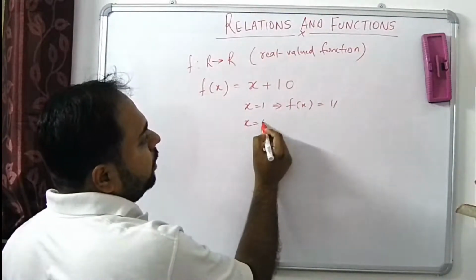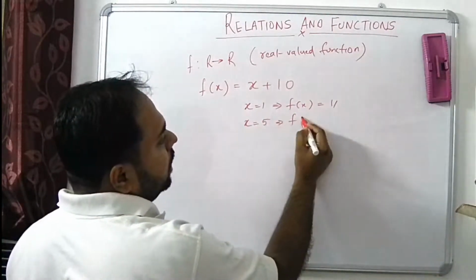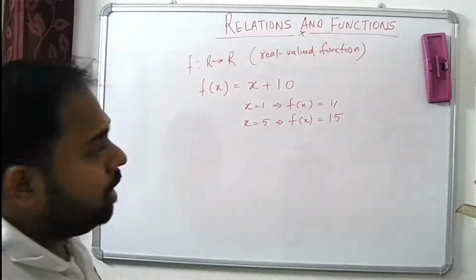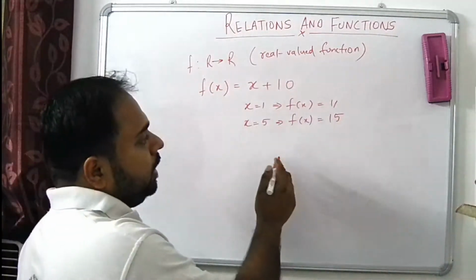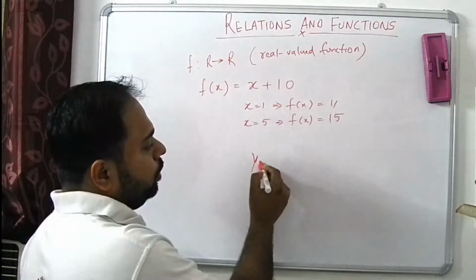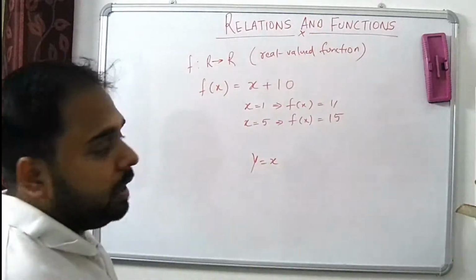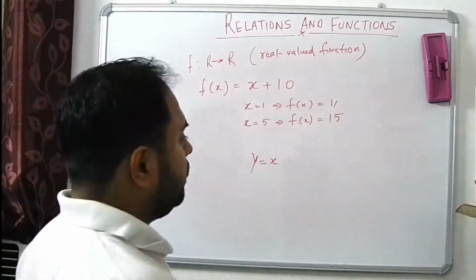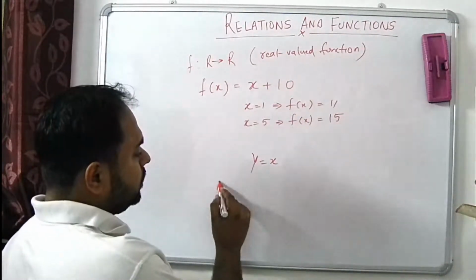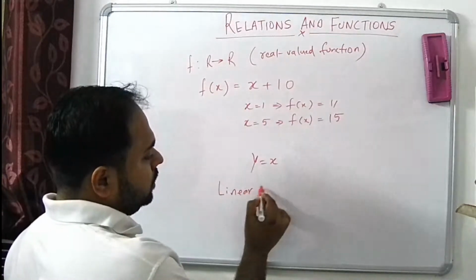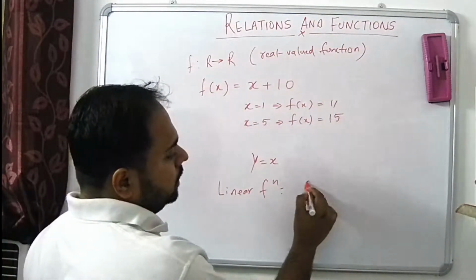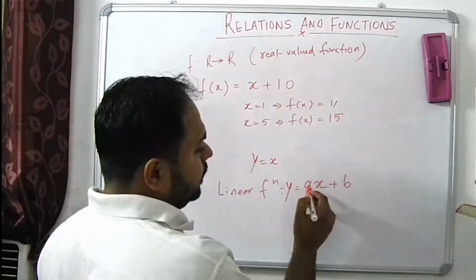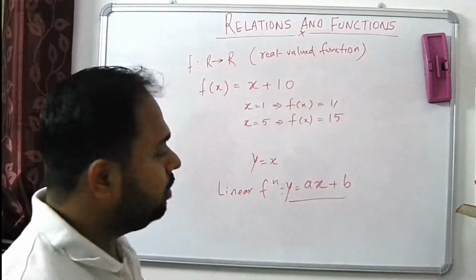If x is equal to 5, then f(x) is equal to 15. Like the identity function where y is equal to x, this is a linear function. The general form of a linear function is y = ax + b, which is the equation of a line itself.